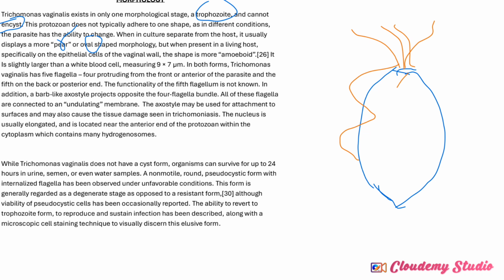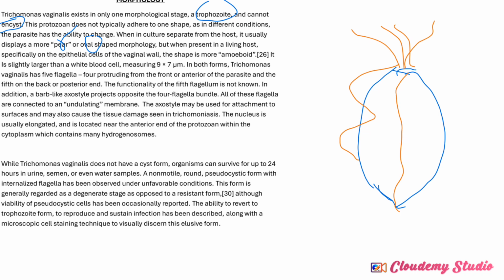They have an axostyle that runs downward, used for attachment and also for tissue damage, as seen in trichomoniasis. Remember, the nucleus is elongated.